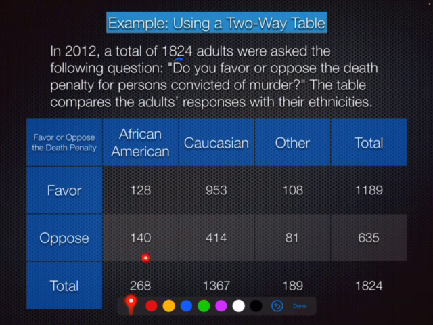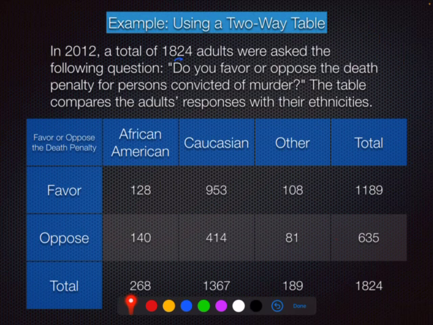And so we can get some totals here. Out of the African Americans surveyed, 128 were in favor of it, while 140 were against it. That's 268 African Americans asked. Caucasians: 953 in favor, and 414 said no. There's our other results, and so on.